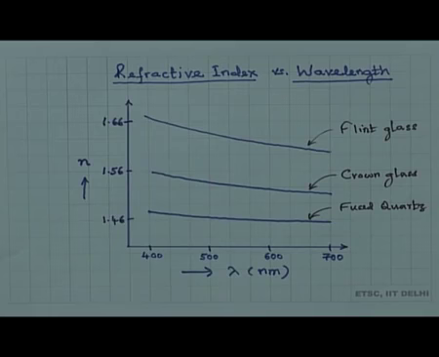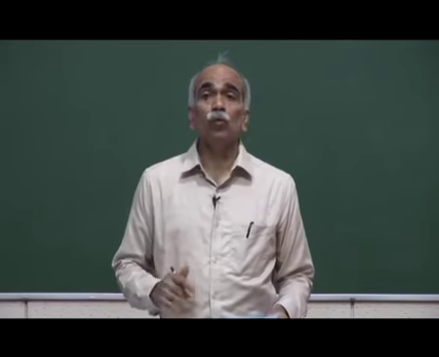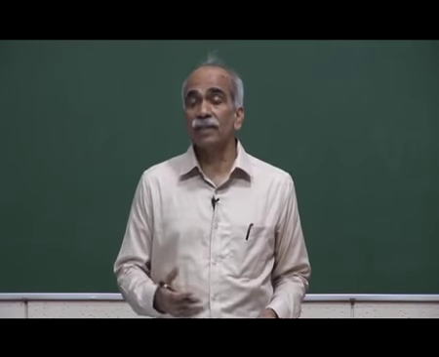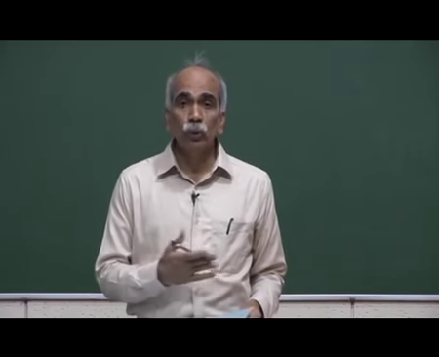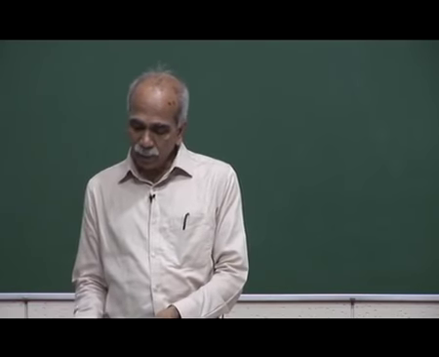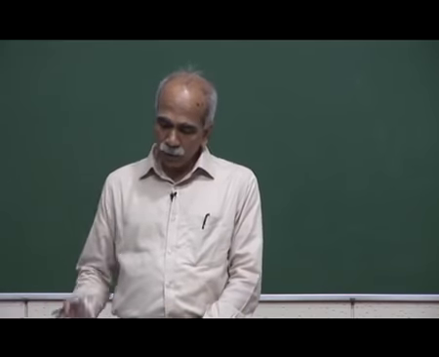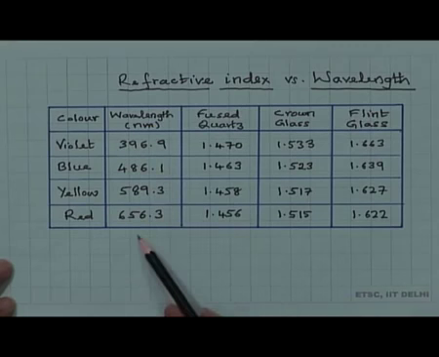Let me give some typical values, so that we have an idea of the change in refractive index as we go from blue color to red or vice versa. In this table I have noted down the refractive index values at 4 different wavelengths.